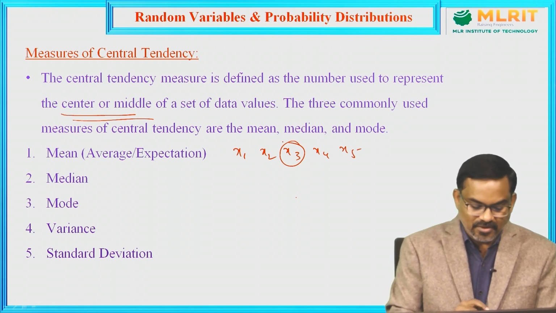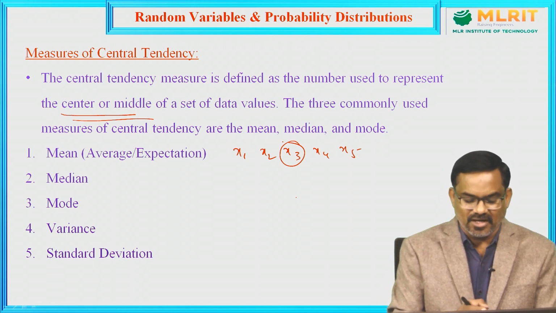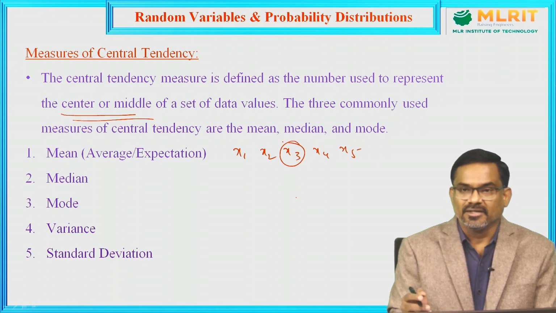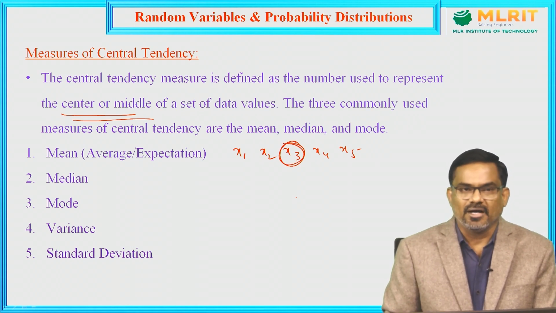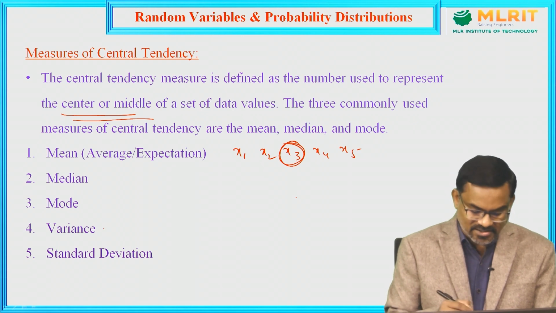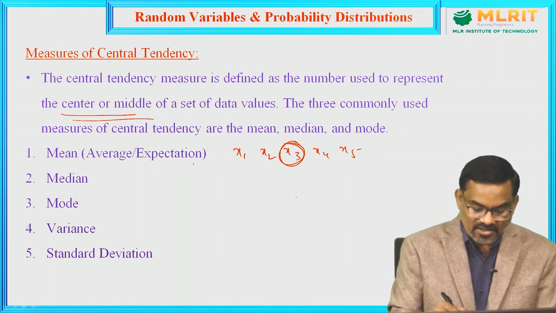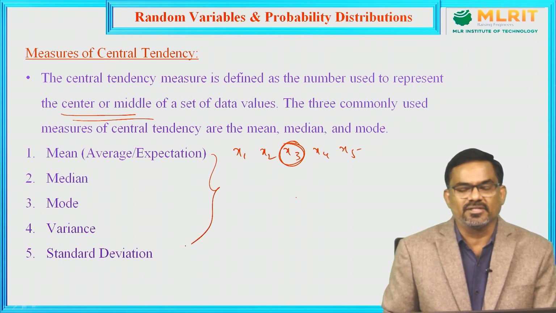For example, mean or average, median, about the middle point, and mode, and variance, standard deviation. So, these are the statistical measurements that we are going to calculate for the given random variable.